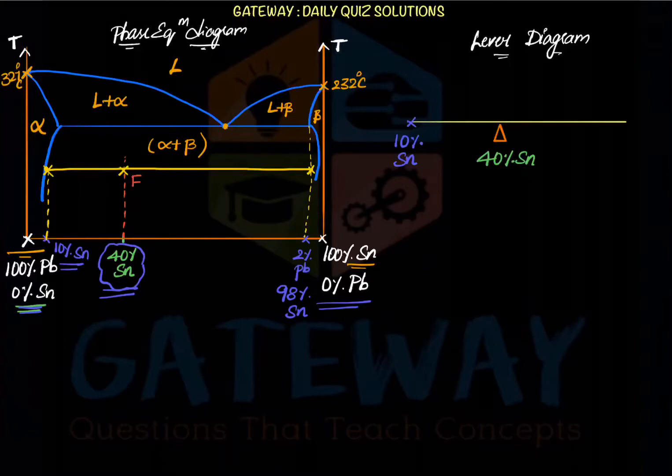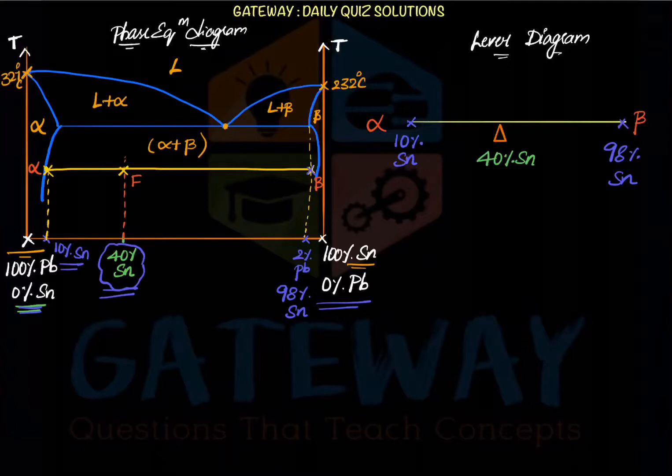Once we draw a line about this to understand these points, we've got the 3 points. One is our fulcrum point F, and other is the side of alpha, and other is the side of beta, right? So this side we are having alpha and this side we are having beta. And since Sn is our reference, here we are having 98% Sn. Okay, this is how we draw the phase diagram.